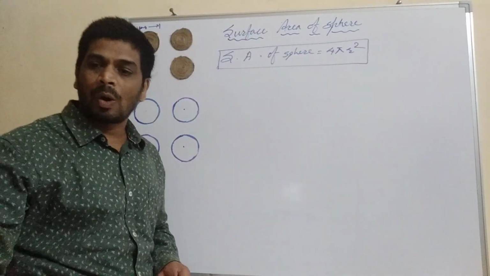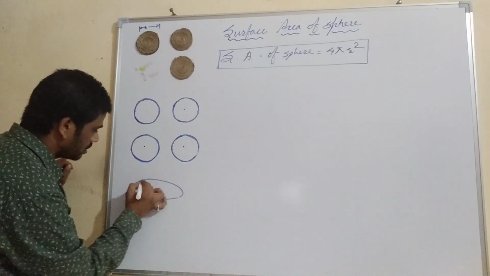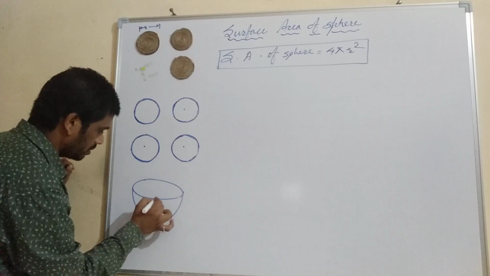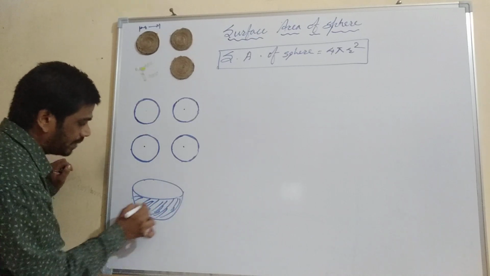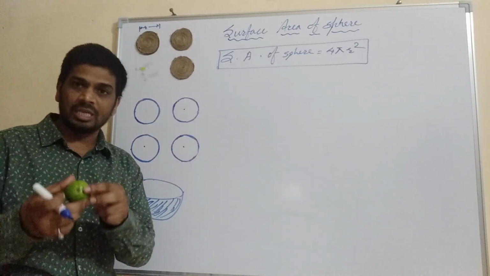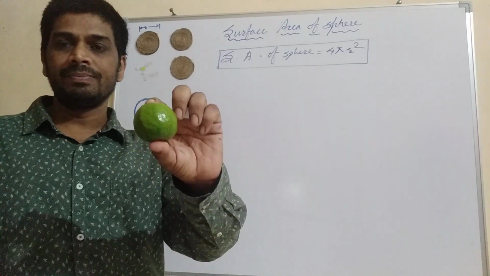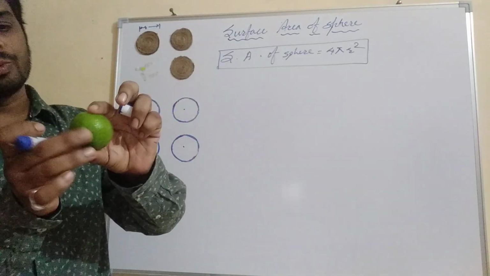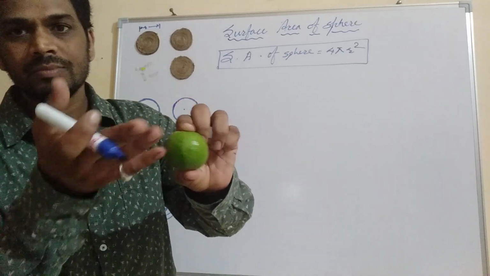Now let us talk about the hemisphere. A hemisphere is this way, where in the hemisphere there will be 2 surfaces. Let us see this guava. It looks like a sphere. Suppose we cut exactly from the middle.